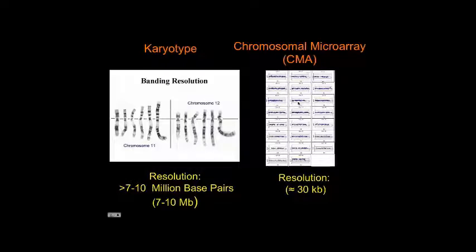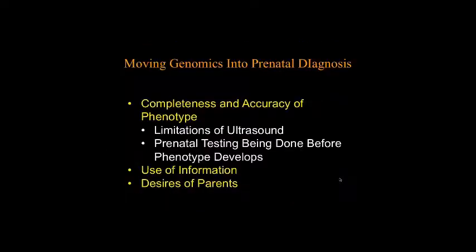More recently, with the introduction of chromosomal microarray, we now have resolutions that in clinical practice is somewhere in the 300 to 500 kilobase range, but actually have a technology now where we can identify microdeletions and duplications as small as 30 kilobases.